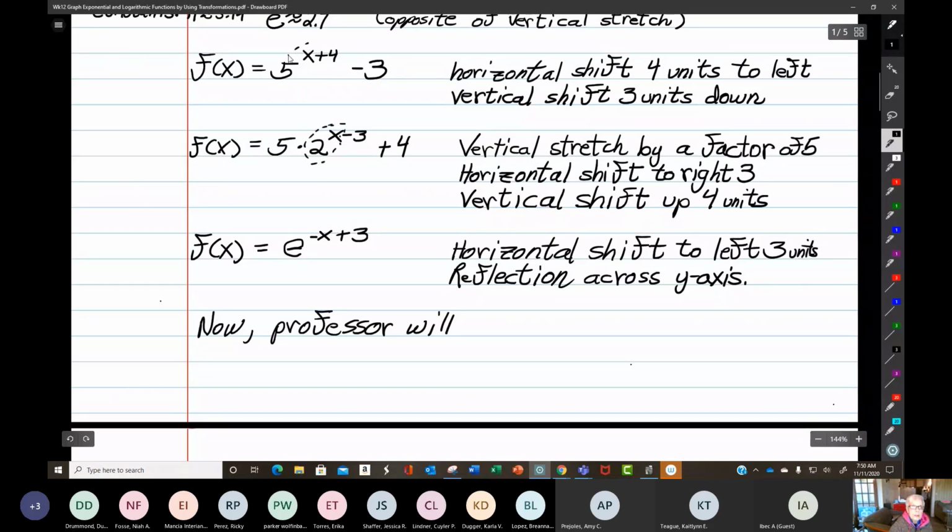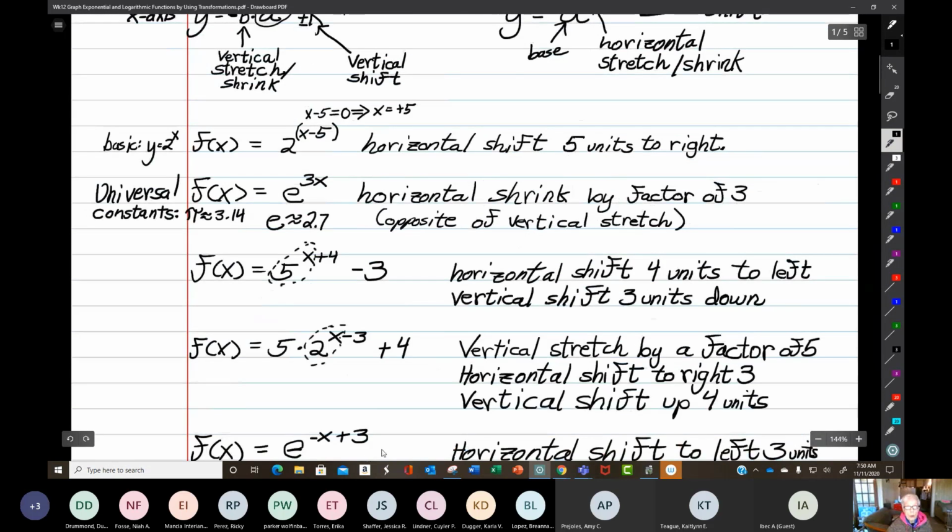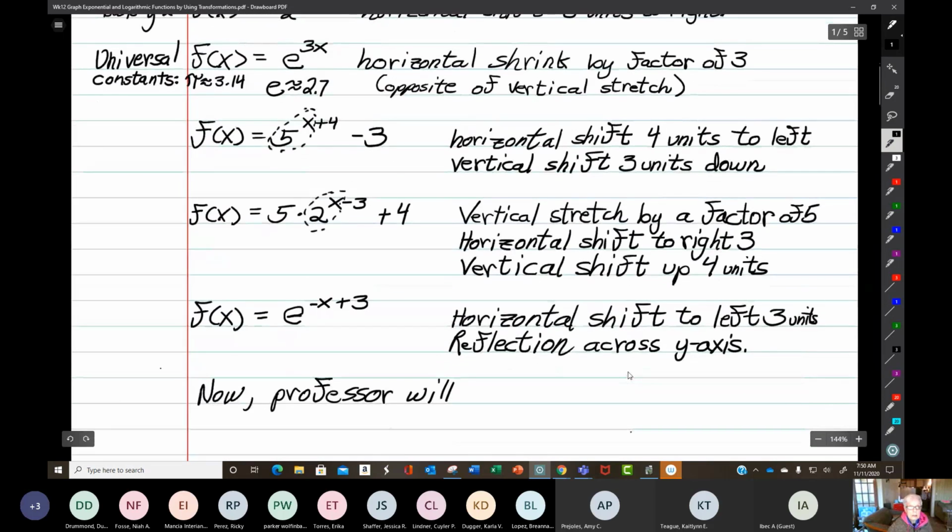And this part tells you what the basic graph is. And e to the x tells you what the basic graph is. So these are actually problems in your homework. Here we are back to this stuff. So anyway, e to the 3x is going to be horizontally shrunk by a factor of 3.